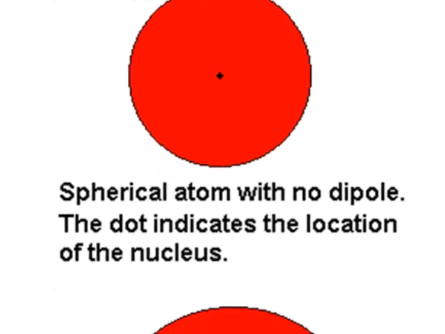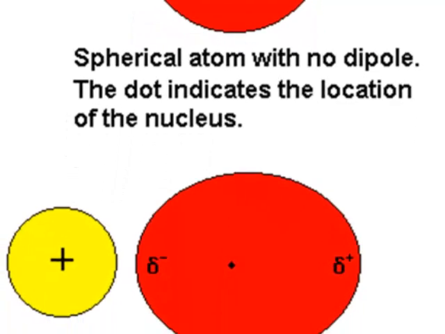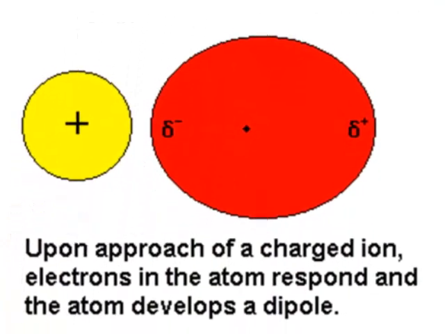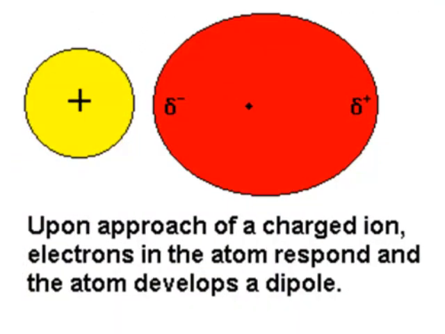If that atom approaches an ion, such as the one shown down here on the bottom picture, that's a positive ion, so if it approaches that cation, then it can induce a dipole, causing the electrons in that cloud to move more towards the left end of the cloud, creating an electron cloud that is no longer spherical, but is elongated, and it now has a slight negative end and a slight positive end.